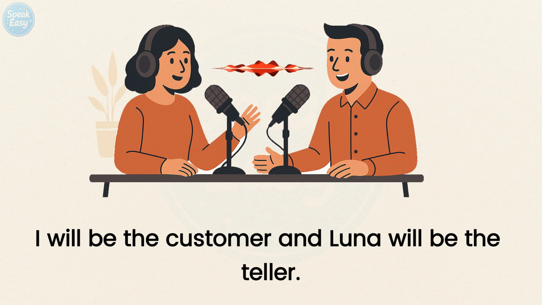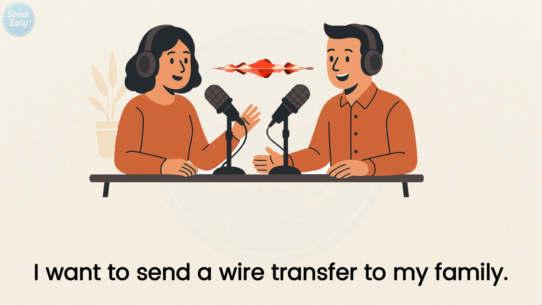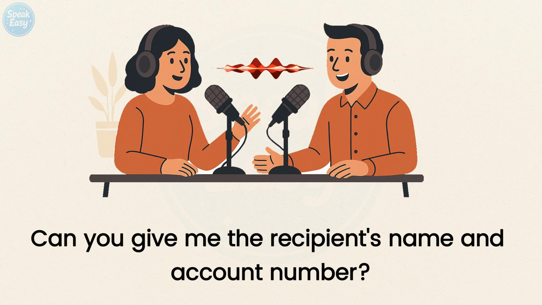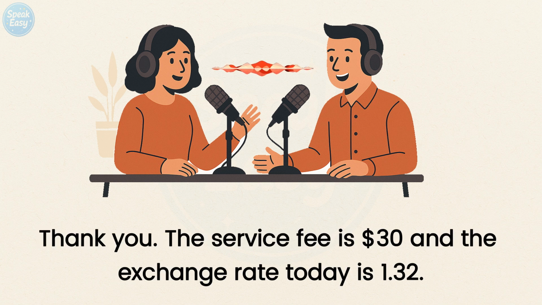I will be the customer and Luna will be the teller. Good morning. How can I help you today? I want to send a wire transfer to my family. Can you give me the recipient's name and account number? The name is Maria Lopez and the account number is 1234567. Thank you.